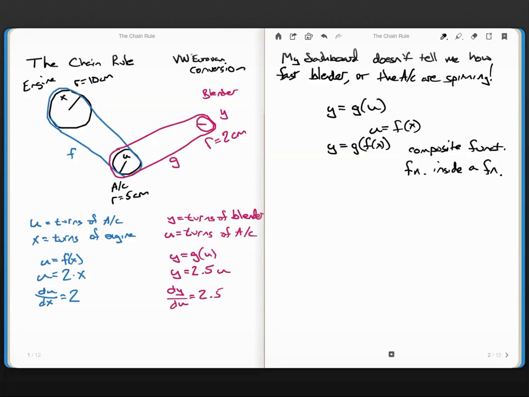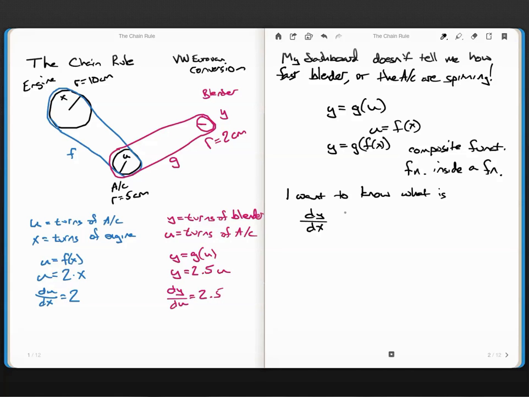But again, when I look down at my tachometer that says how fast my engine is going, I want to know how fast this is going. So in other words, I want to know what is dy dx? But I have this intermediate step here, right? So this g function is in the way. You know, u is in the way between my x and my y.